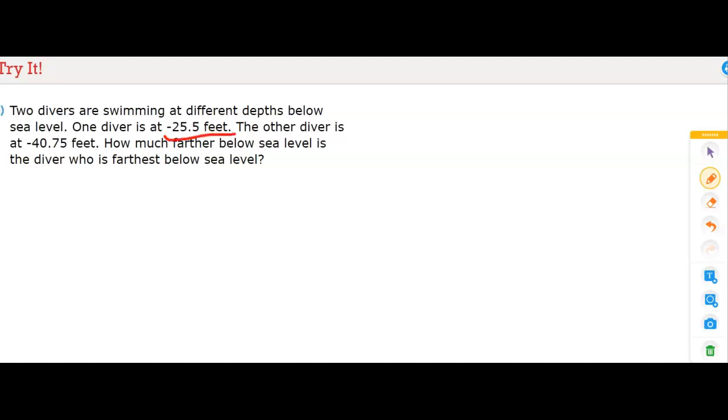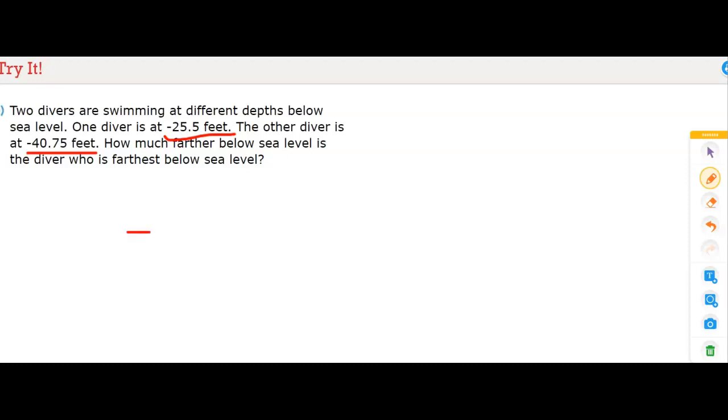The other diver is at negative 40 75/100 feet. How much farther below is the diver who is the farthest below sea level? How much farther is the same as saying how much deeper, right? We have these two we're comparing, so we need to subtract to compare them.